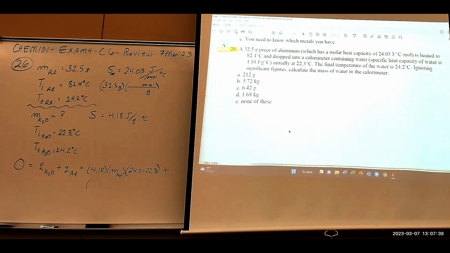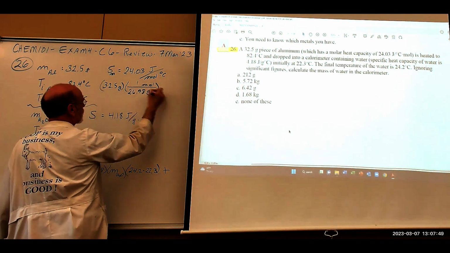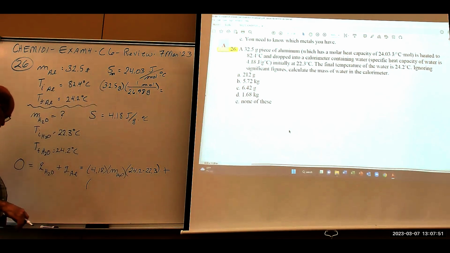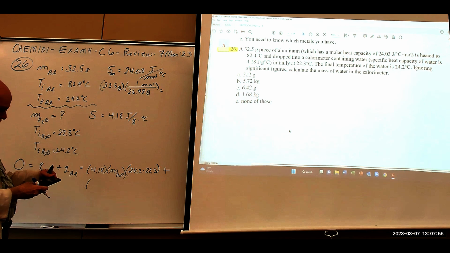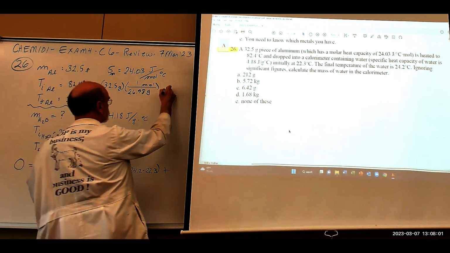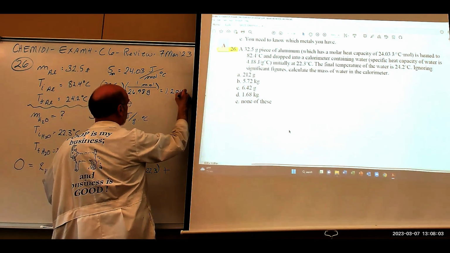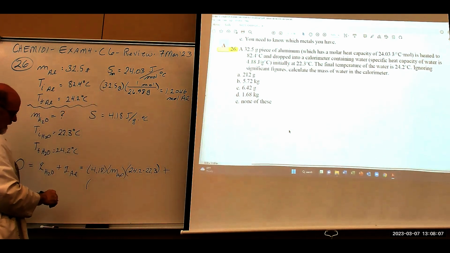It's 26.98. I was close. Now we find out how many moles of aluminum we have. 32.5 divided by 26.98. So that's 1.2046 moles of aluminum.